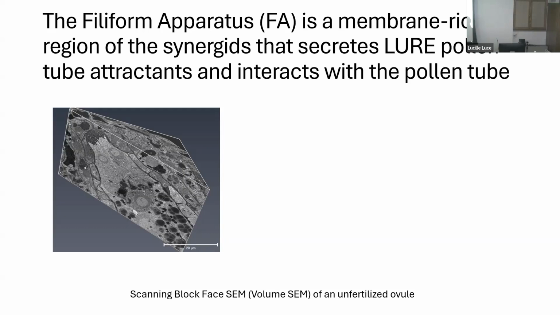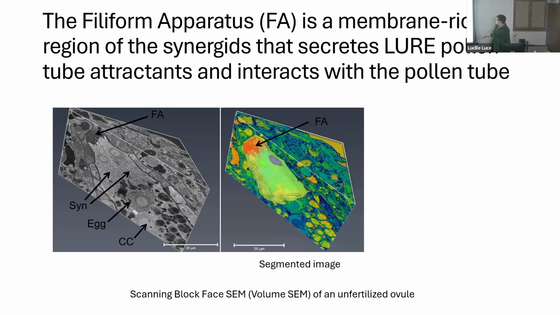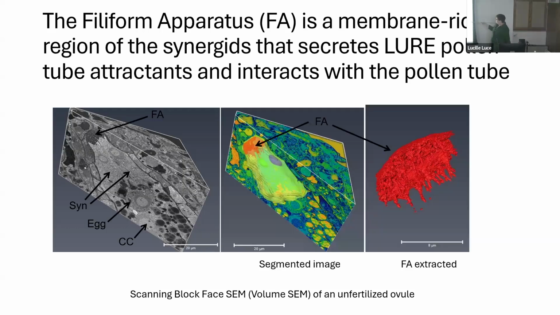We can see there's dark material here. This is a membrane-rich region. If we segment this, we can see that it looks like fingers that project up into the cytoplasm of the synergid cell. This is where all the action takes place in the communication between the synergid cell and the arriving pollen tube.